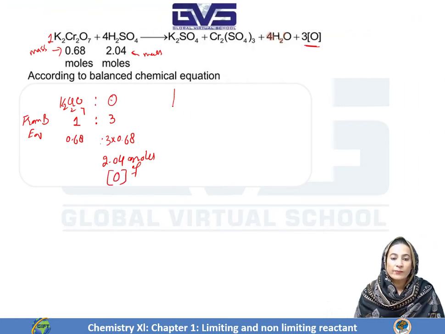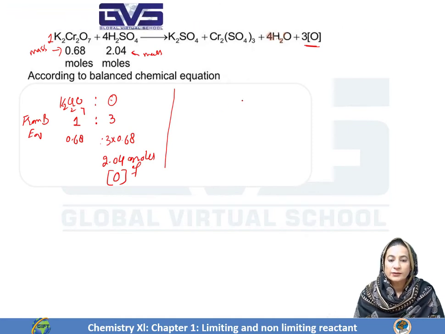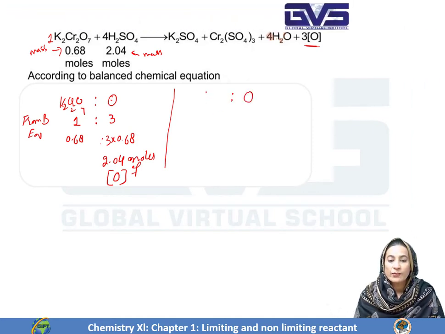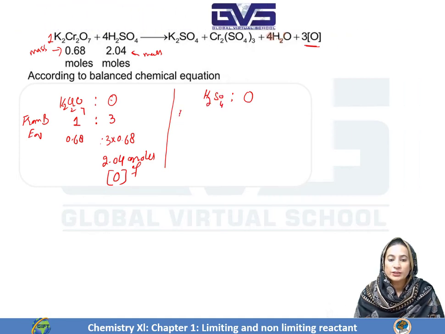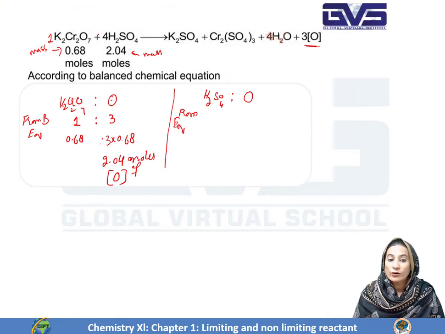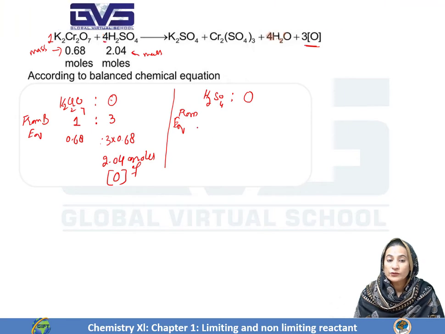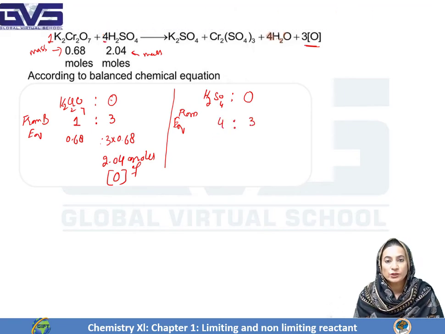Now calculate moles of oxygen with the help of the other reactant, that is H2SO4. So from the equation, it is telling you when 4 moles of sulfuric acid are consumed completely, then 3 moles of oxygen are formed.